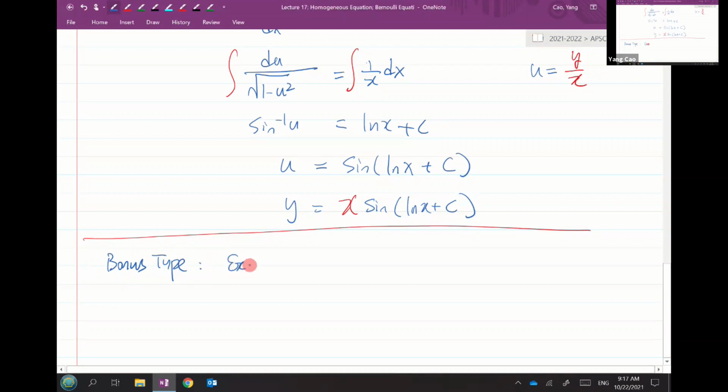And this type is called an exact equation. And you will see the connection between this exact equation and what we have learned in 248.